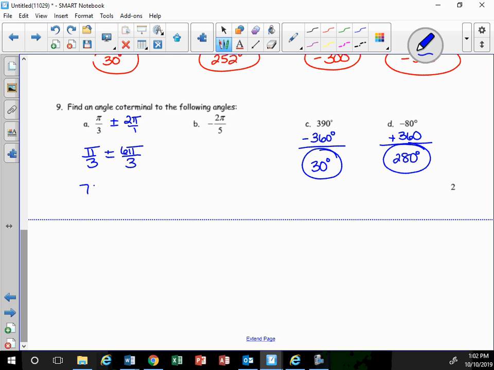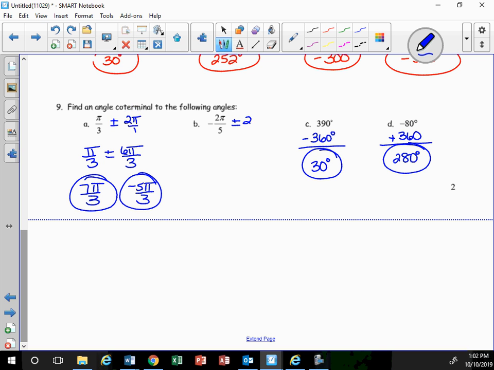All right, so 7 pi over 3. If I subtracted, what would I get? Yep, negative 5 pi over 3. Does that make sense?